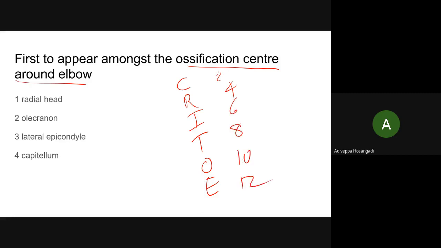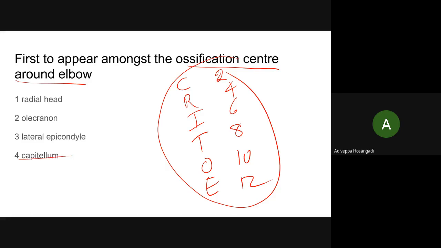Very easy to remember. It is a worldwide accepted mnemonic. I'll not get into much of this. If you remember this mnemonic, to answer this, it is easy. CRITOE: 2, 4, 6, 8, 10, 12.